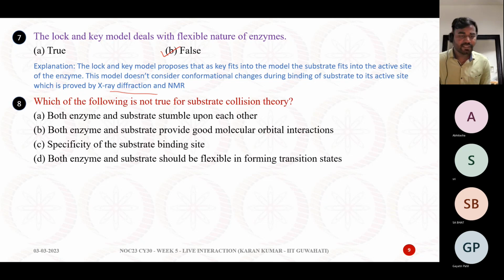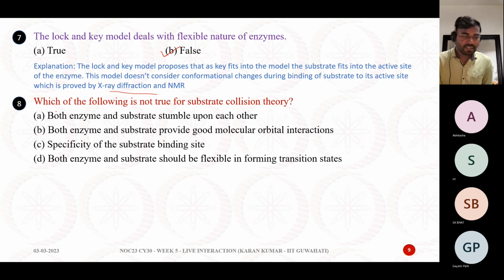Now the next question is, which of the following is not true for the substrate collision theory? Normally the substrate collision theory is given to understand how the reaction will progress. That is true in chemical kinetics, and that is also valid in enzyme kinetics. So in enzyme kinetics, the substrate has to first stumble on the enzyme.